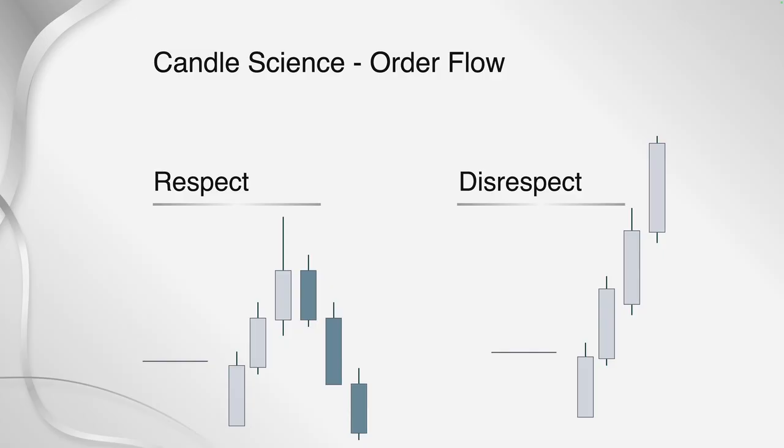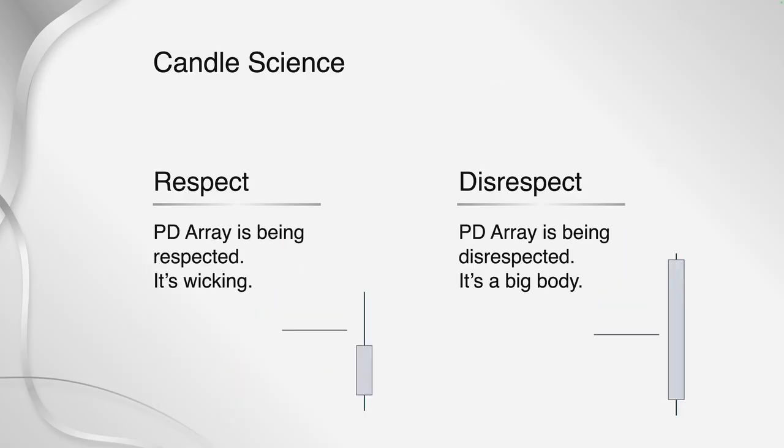When we come out of a premium array, let's say this one right here, and we overall have bullish order flow continuing higher, we come into a premium array and we respect it like this, then you could argue, well, don't we have order flow on the lower time frame to continue lower? So shouldn't we look at bearish price action right there?